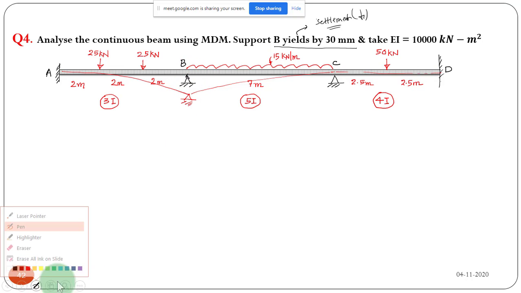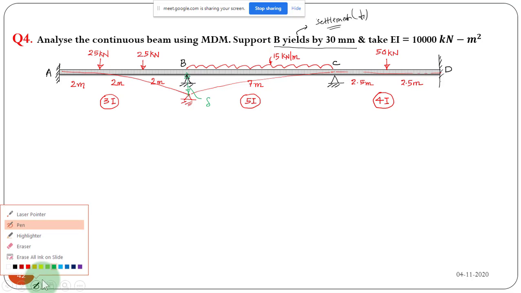This is my settlement, delta 30 millimeter. So due to this settlement, you know it is an indeterminate structure. If there is some settlement, it will generate additional moments in the joints. 6EI delta by L square, you may be remembering that equation. So we just find out the 6EI delta by L square value and simply add that value to the FEM value. The remaining procedure has no change.